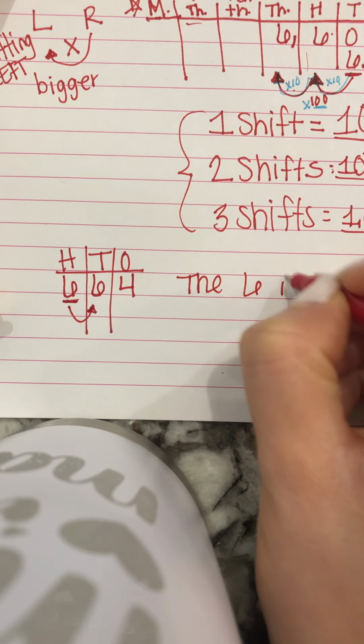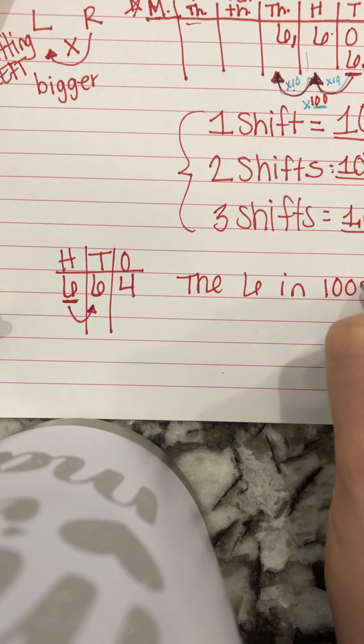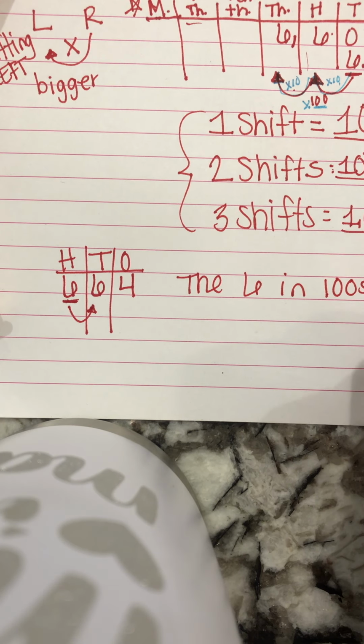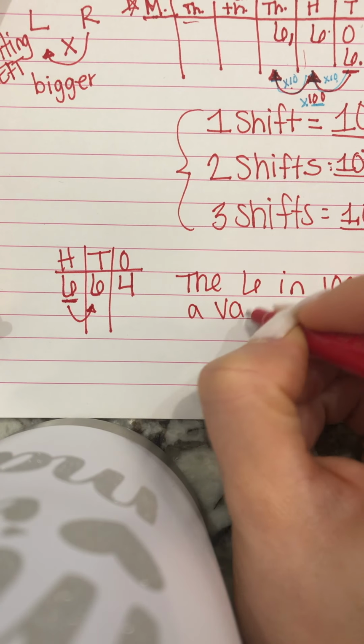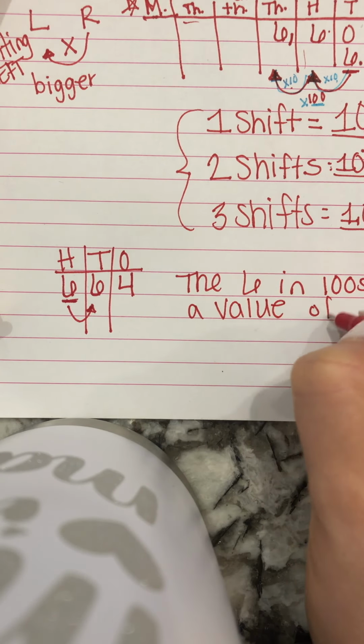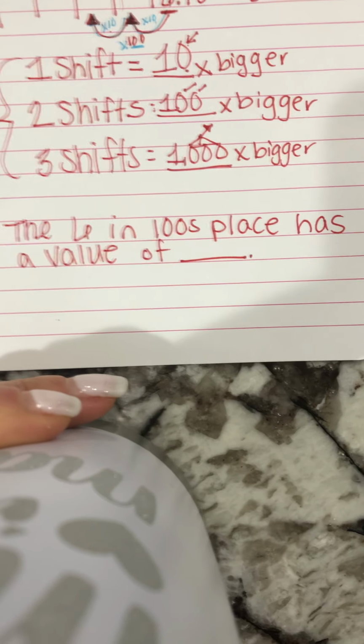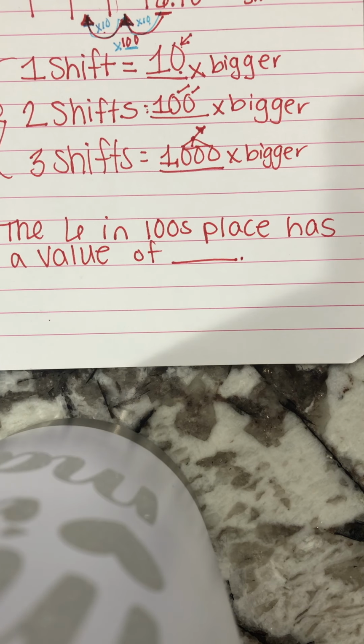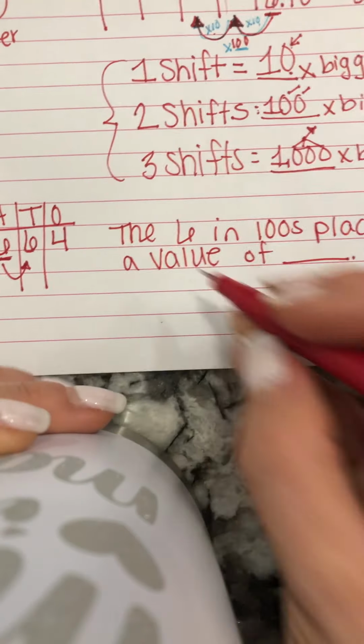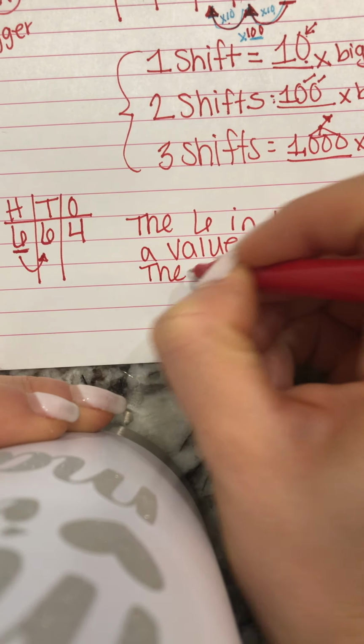The 6 in the hundreds place has a value of blank. What's the value of that first 6, the 6 in the hundreds place? I'm going to leave that for you guys to fill in.